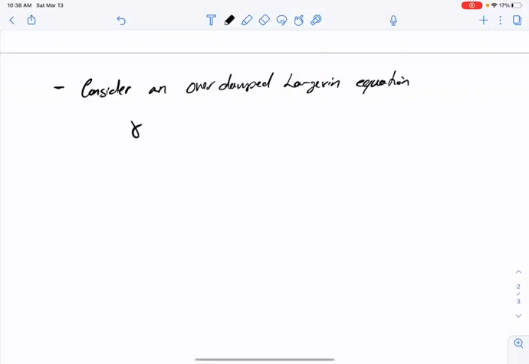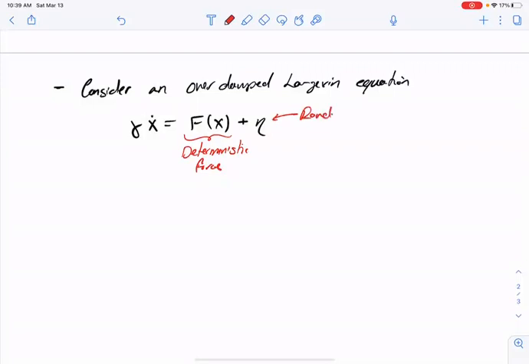Okay, so in one dimension, an overdamped Langevin equation satisfies an update rule for x that depends on a deterministic force, called the deterministic force F, and a random force. Call eta the random force.